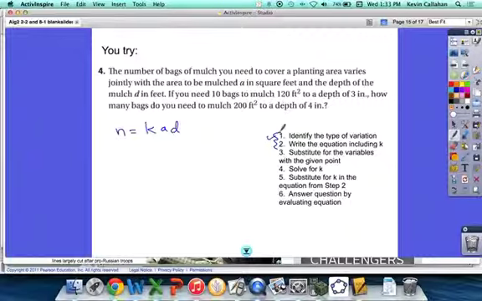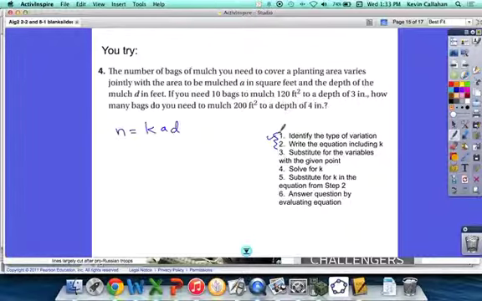Check. Okay. If you need 10 bags to mulch 120 square feet to a depth of 3 inches, how many bags do you need to mulch 200 feet squared to a depth of 4 inches?